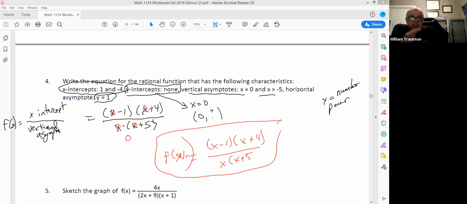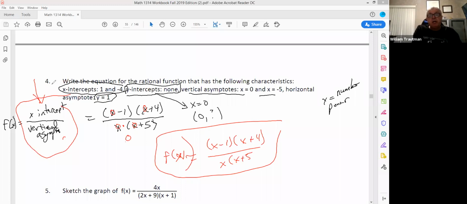And we have to realize anytime y equals 1, the powers on the top and bottom will be the same. And that's it. So that's not too bad. Just as long as you remember this part here, the top is the x-intercepts and the bottom is the vertical asymptotes.